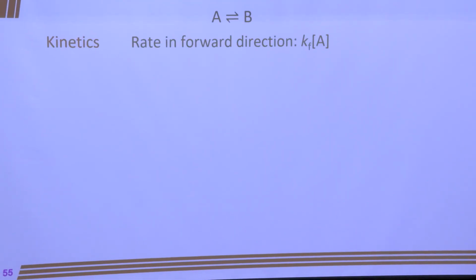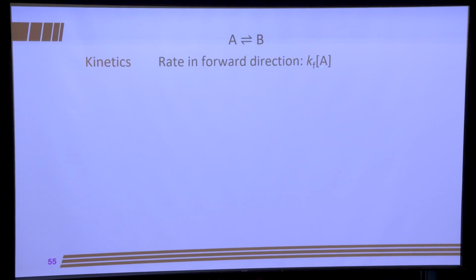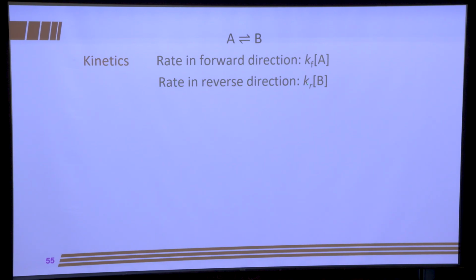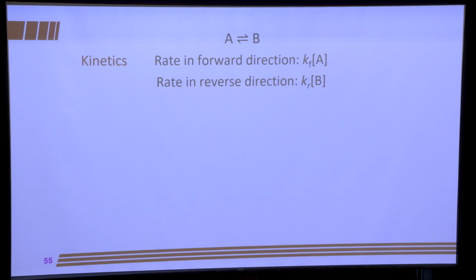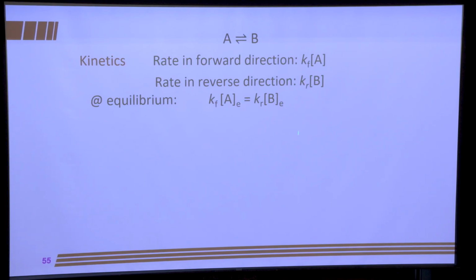The rate in the forward direction is equal to the rate constant in the forward direction times the concentration of A, and the rate in the reverse direction is equal to the rate constant in the reverse direction times the concentration of B. At equilibrium, the forward rate equals the reverse rate. So k forward times the concentration of A at equilibrium is equal to k reverse times the concentration of B at equilibrium.